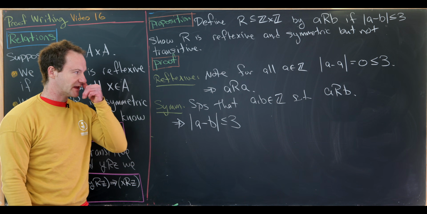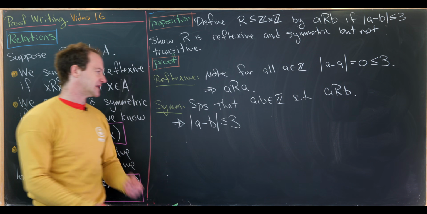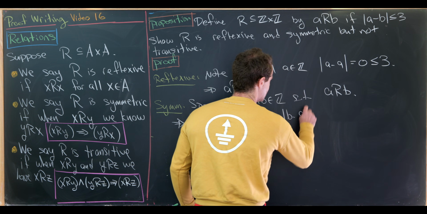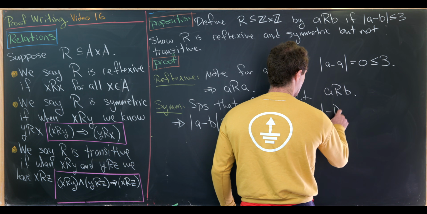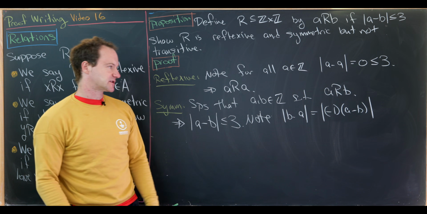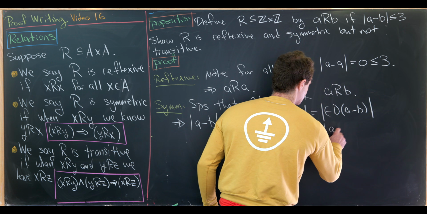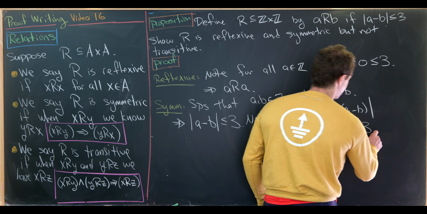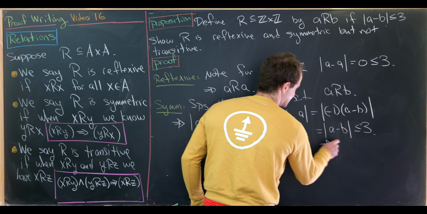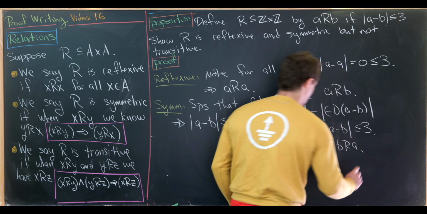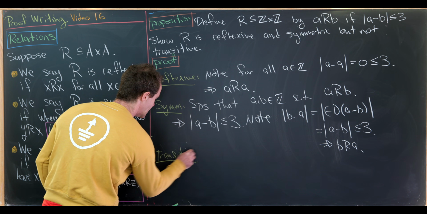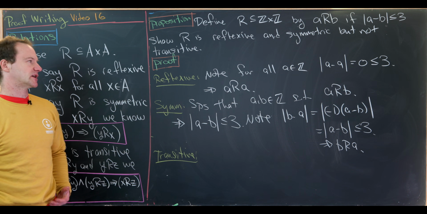But we want B to be related to A, which would be the absolute value of B minus A. So let's note that the absolute value of B minus A is the same thing as the absolute value of -1 times A minus B, but the absolute value will cancel that -1 out, just leaving us with the absolute value of A minus B, which is most definitely less than or equal to 3 by our given. So that tells us that yes, B is related to A. So it is symmetric. So now let's move on to transitivity, and we'll show that it is not transitive.